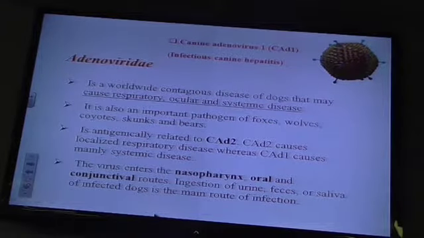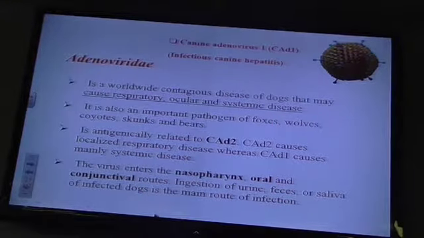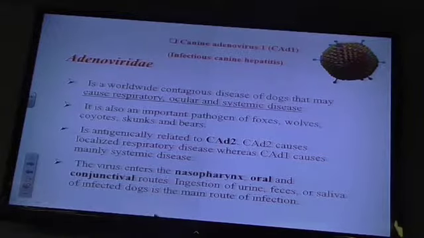It's antigenically related to canine adenovirus 2. And that's important because canine adenovirus 2 does not cause similar symptoms. It causes much milder symptoms, usually respiratory, and it does not cause corneal opacity.